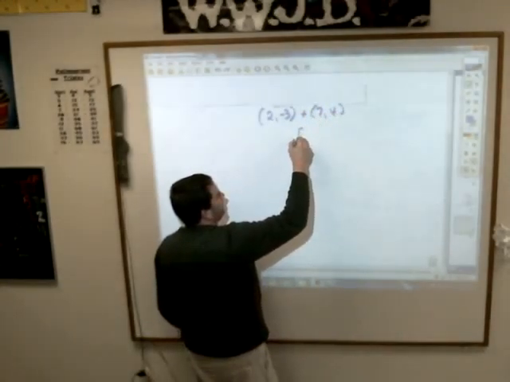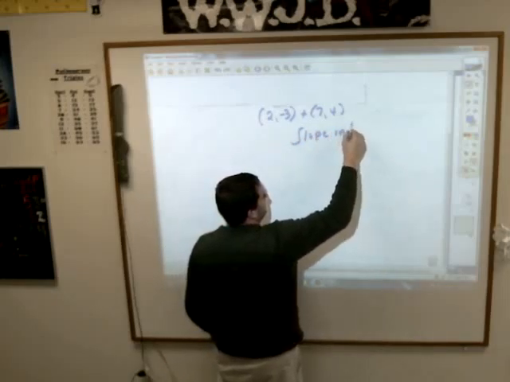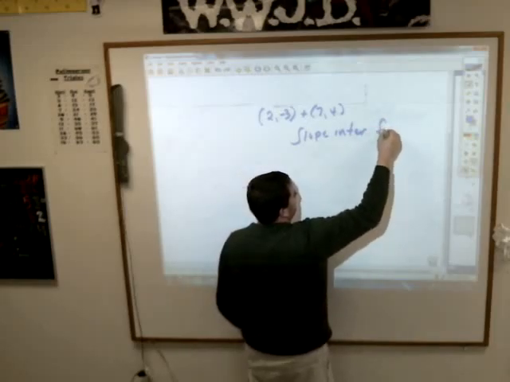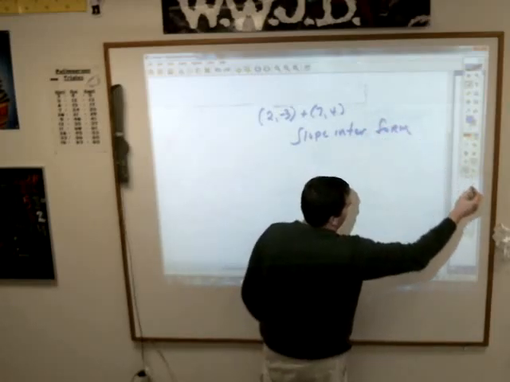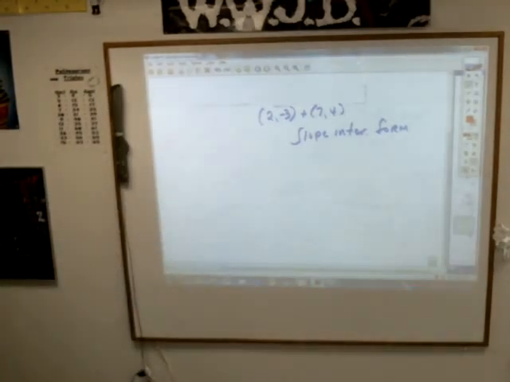I want the slope-intercept form of that. So let's walk through it step by step. Let's see if this one actually works out. Does it? No. Well, let me see if they give us one that actually works out. I'm here for you kids, you know that.